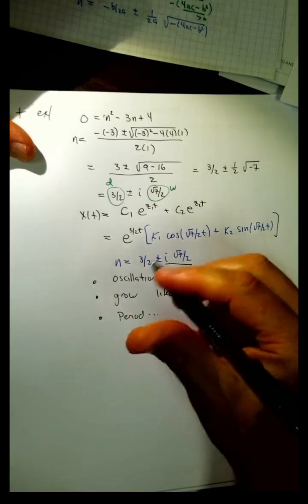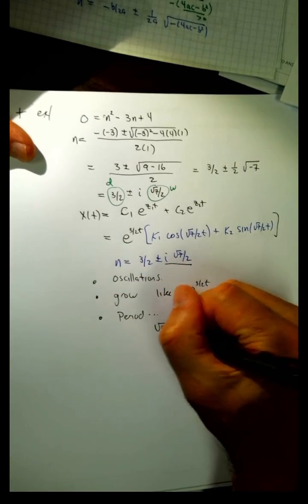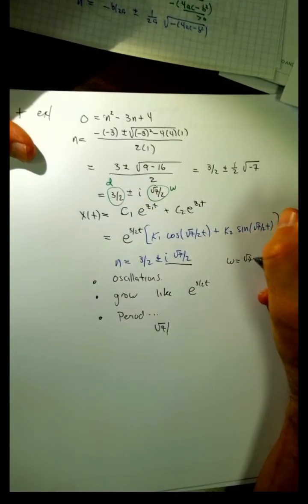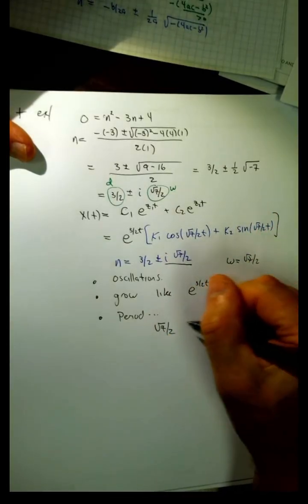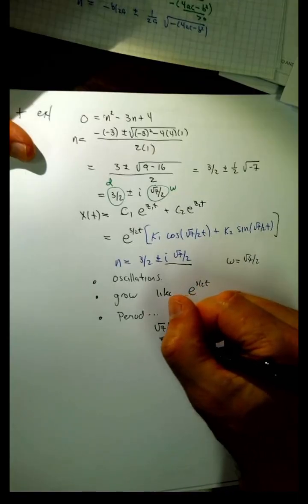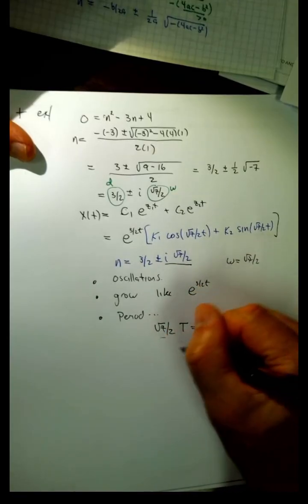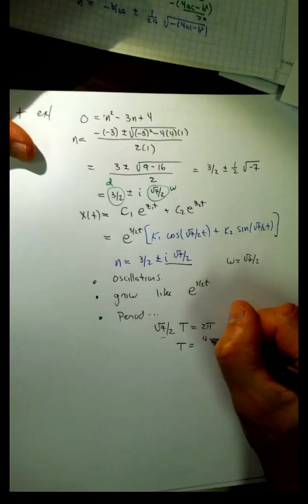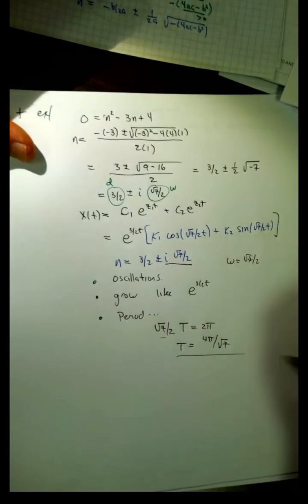And for the period, in this case, omega equals square root of 7 over 2. So the omega times the period equals 2 pi. So the period is going to be 4 pi over square root of 7.